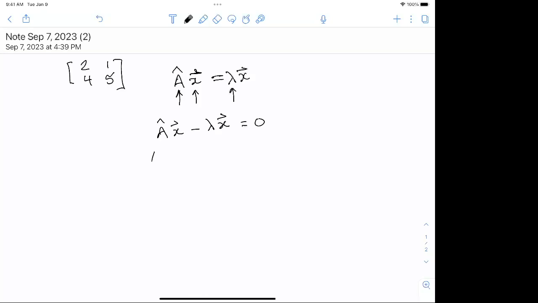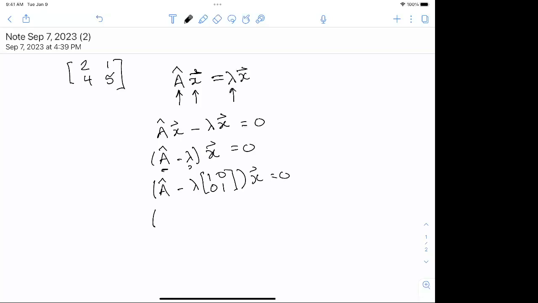Now what I'd like to do is do a little distributive property, but I have a problem, which is that A is a 2x2 matrix, lambda is a number, and subtracting a number doesn't really make sense in this context. So I need to take lambda and turn it into a 2x2 matrix, and I do that by simply multiplying it by the identity matrix, which looks like this.